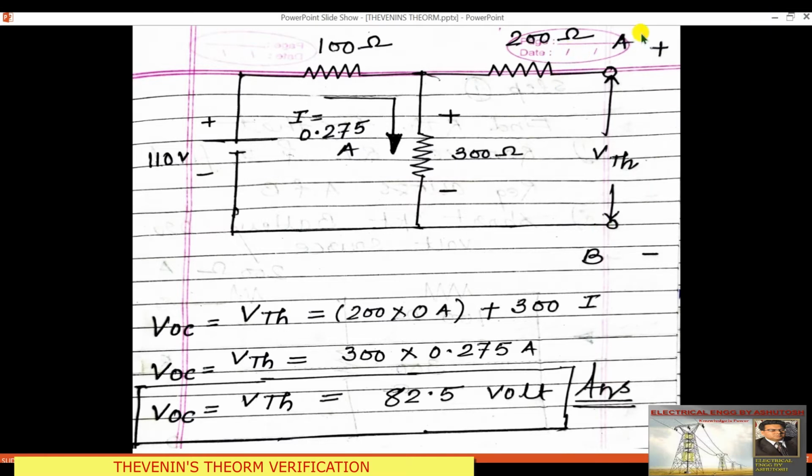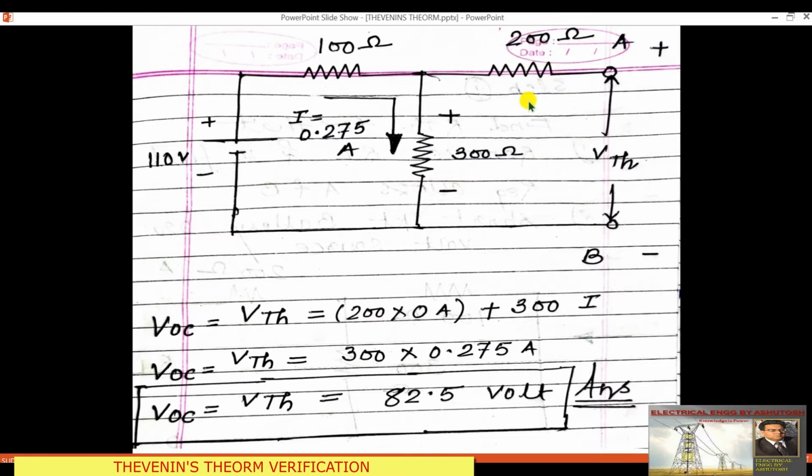The first resistance will be 200 ohm. Leaving terminal A, there is no current in the 200 ohm, so the voltage drop becomes 0. VTH equals 200 into 0 current.